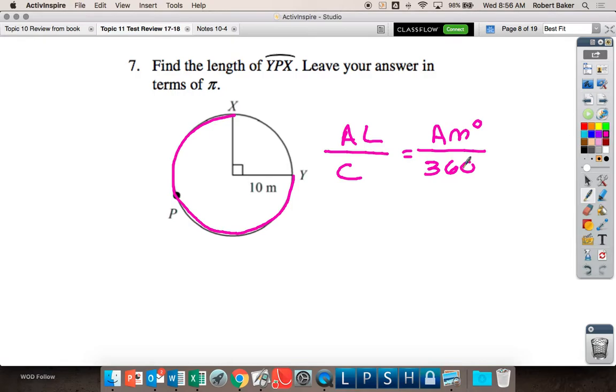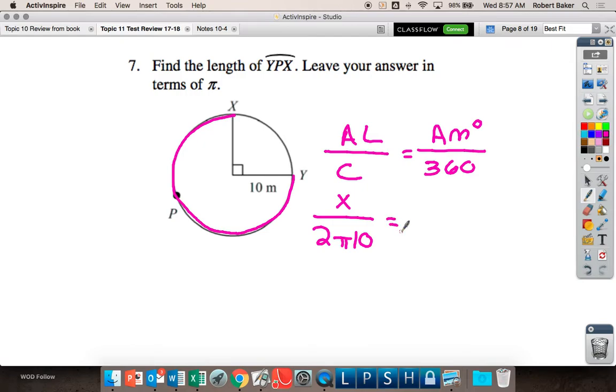Call that X. We have to calculate the circumference of that circle. So they give us a radius. So we're going to use the 2 pi r, or 2 pi 10 for the circumference.